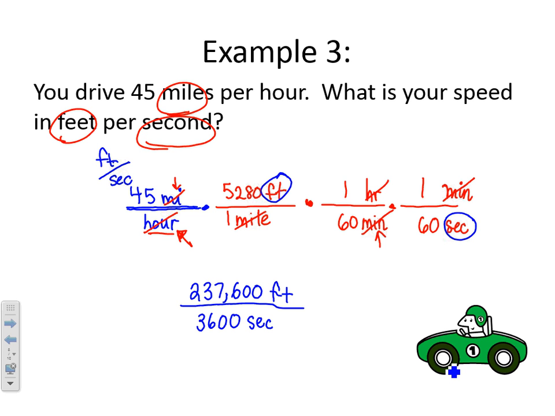And when you divide those two numbers, you end up with 66 feet per second. So that is an example of doing multiple conversions in a problem.